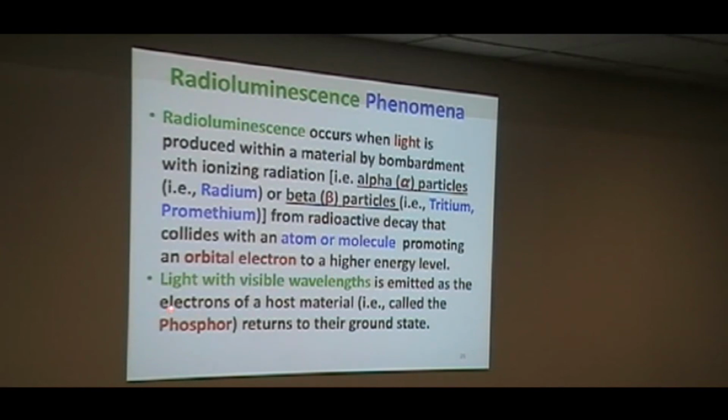So you get electrons from the host material, and the name for it is phosphor. Phosphorescence, you may have heard, is what happens when a lightning bug flashes yellow. That's a phosphorescence phenomenon, but that's a chemical process only, not induced by radioactivity. But it's the same sort of light.